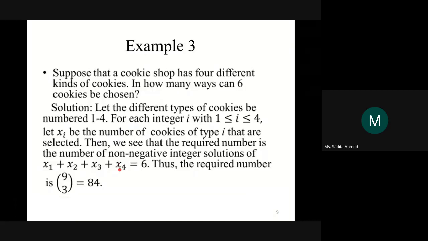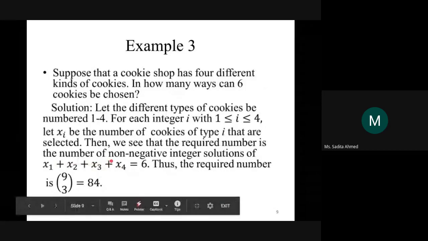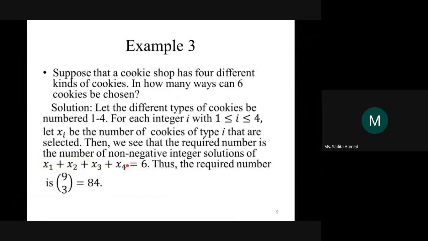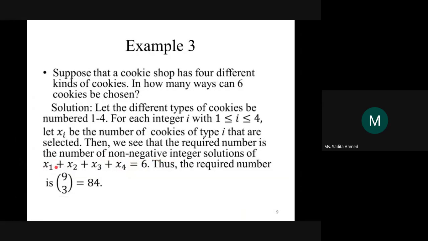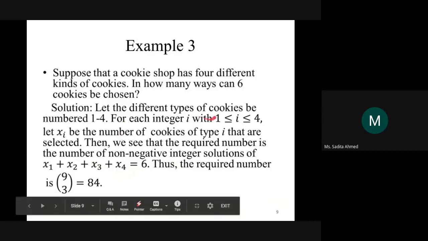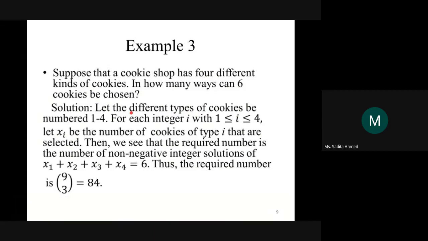You cannot choose a negative number of cookies. So we use this equation to represent this scenario. Basically, the total number of non-negative integer solutions of this equation gives us the total count of all the different ways to choose 6 cookies from 4 different categories. Does it make sense? The parallel between the two, the similarity.